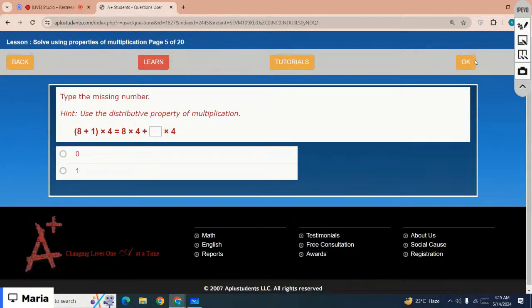The next one is 8 plus 1 times 4. So 8 times 4 plus what number times 4? What number is missing?